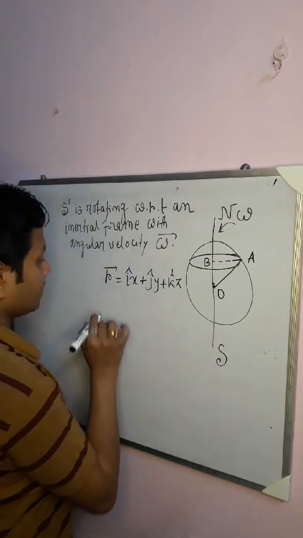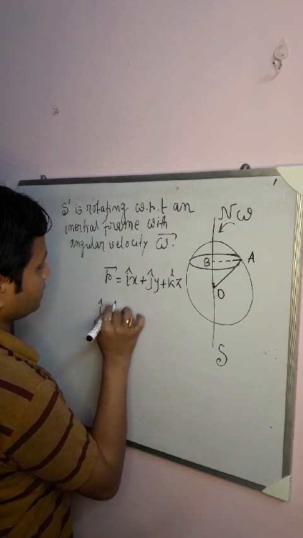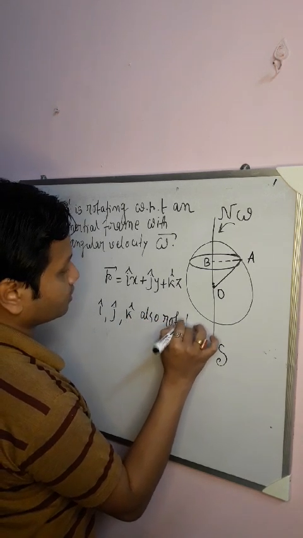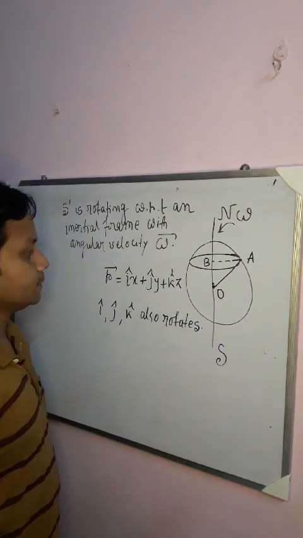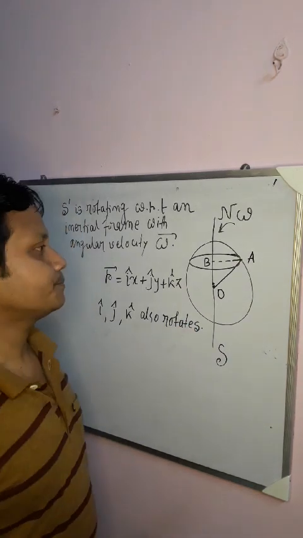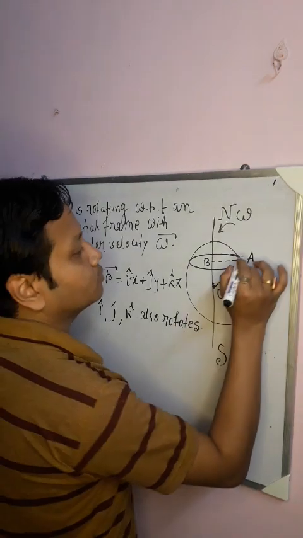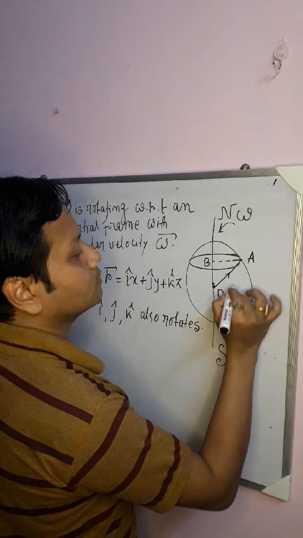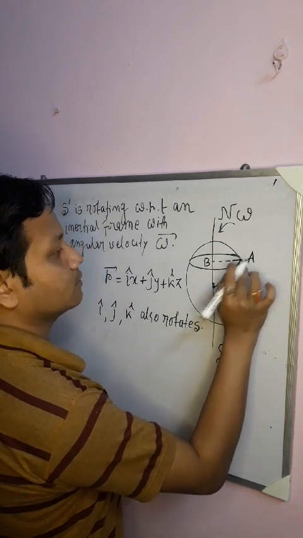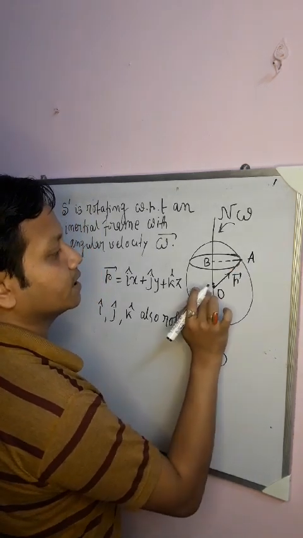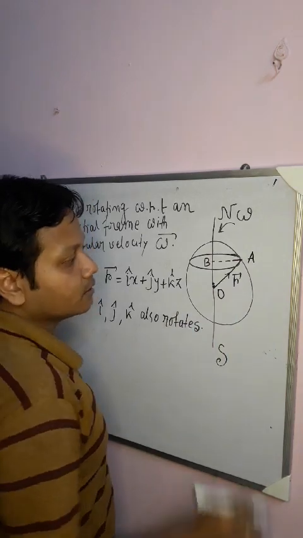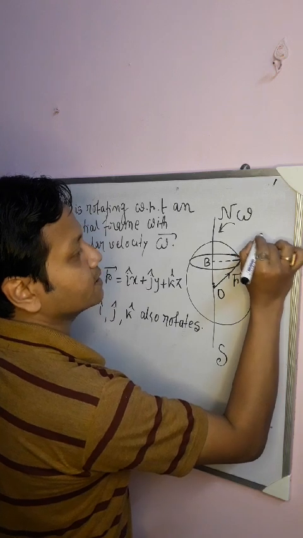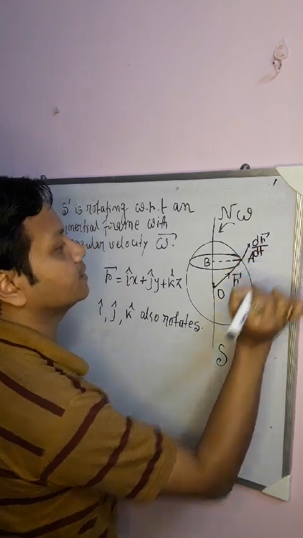Remember one thing, that i, j, k also rotate, since we consider the rotation of the frame. Now suppose this is the position vector of the particle A relative to O. Then the velocity will act in this direction, tangentially; that is dr/dt.